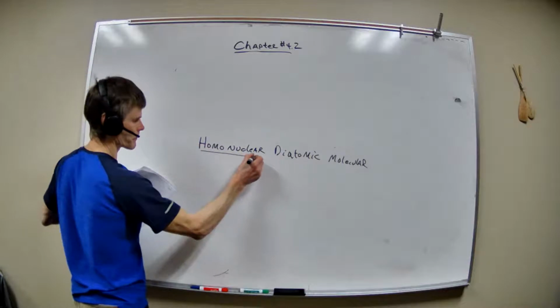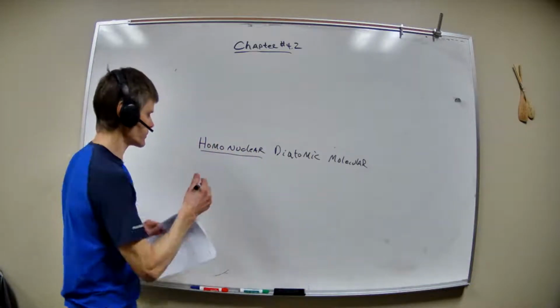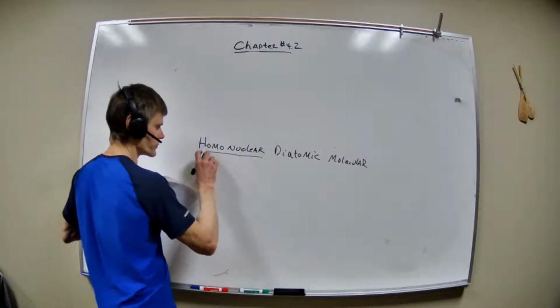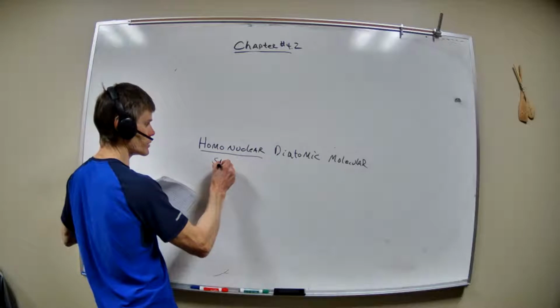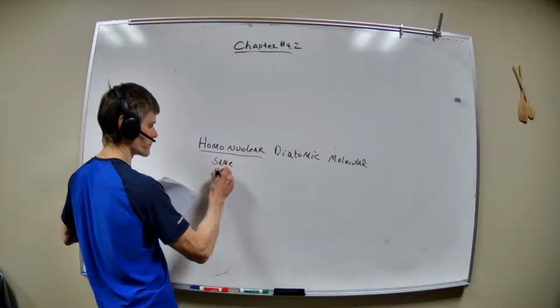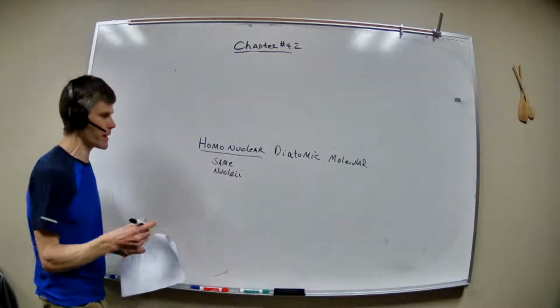Homonuclear. Two of the same nuclei. Homo is the same, nuclear. These are the same nuclei. And when I say same nuclei, what I mean is that these are the same elements.